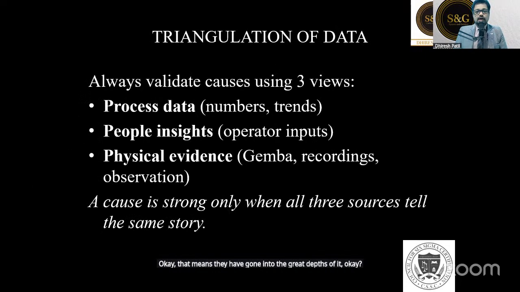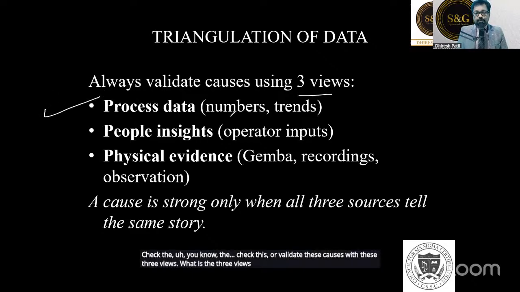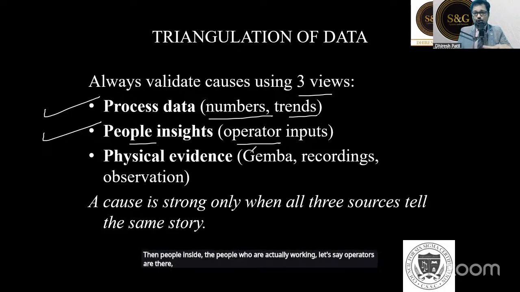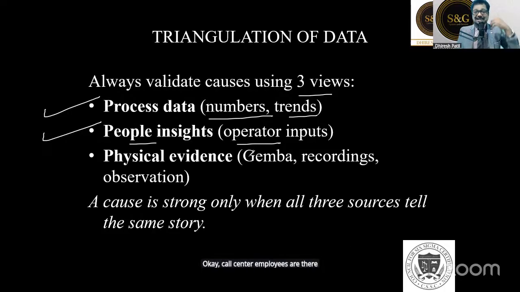Now, use this triangulation method of the data. What is the triangulation method? Validate these causes with three views. What are the three views? Process data, which is numbers and trends. Then people inside, the people who are actually working, let's say operators, call center employees, salespeople on the floor.